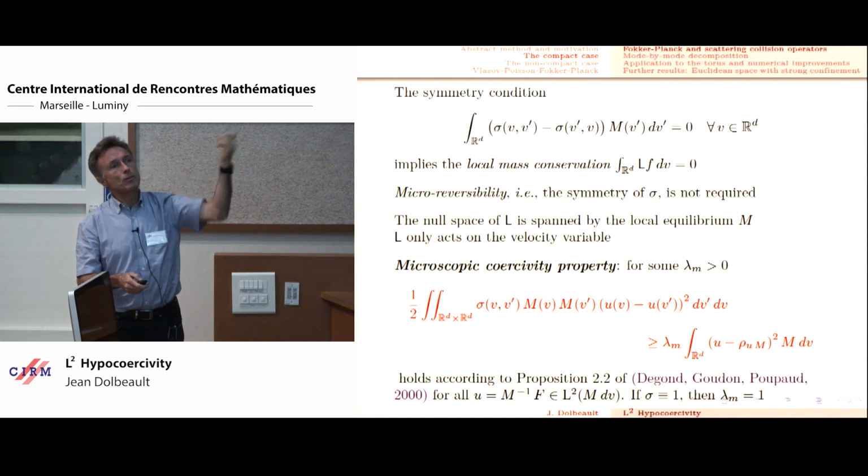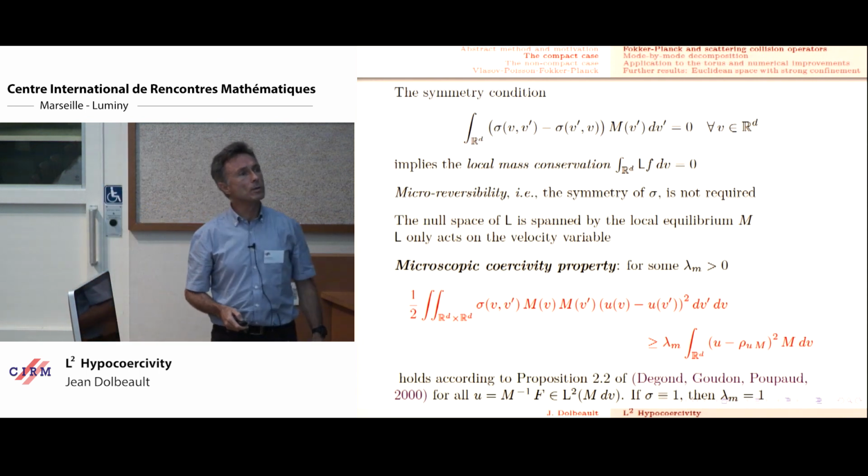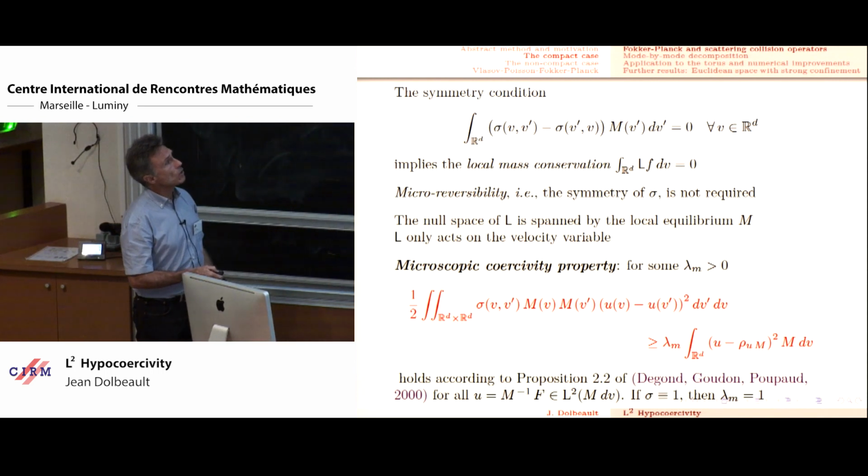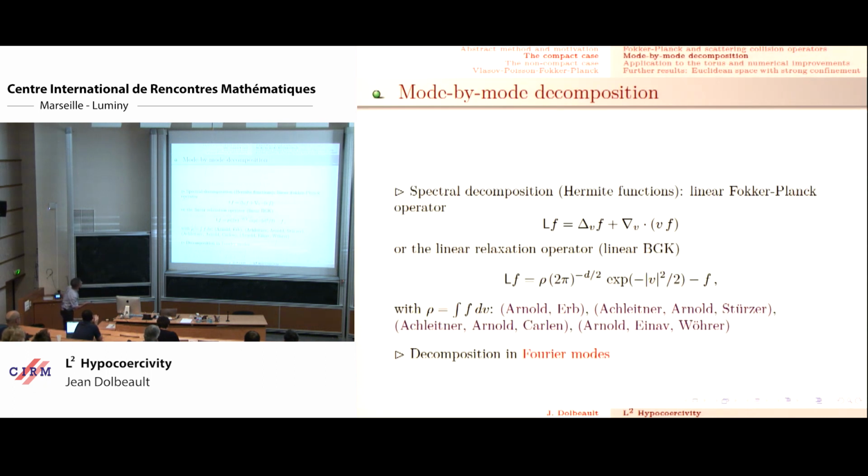But then with the previous assumption, there is an old paper of Degond, Goudon, and Poupaud, which proves that you have a microscopic coercivity property, which tells you that the local collision operator has a spectral gap, and that you have this inequality here. Okay, next one.